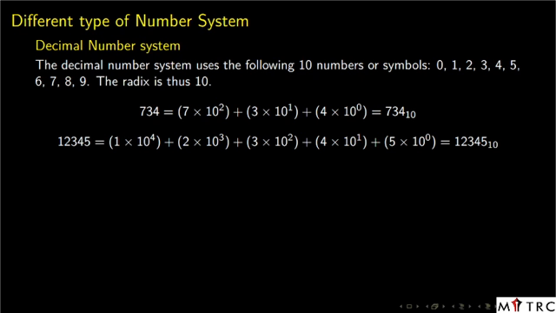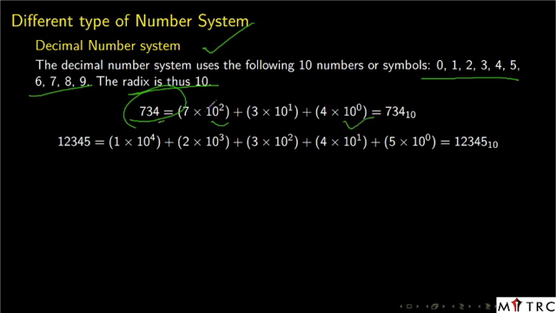Basically, the most important one is the decimal number system. It forms the reference number system. We have already said that the decimal number system uses 10 symbols, 0 to 9, and thus the radix is 10. For example, 734 is represented like this. I have already explained the first position.